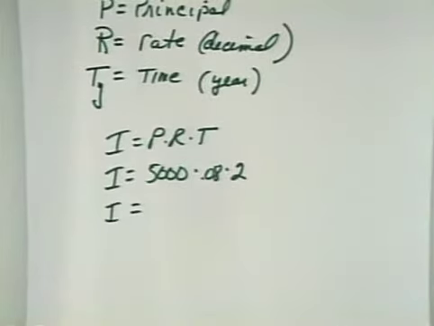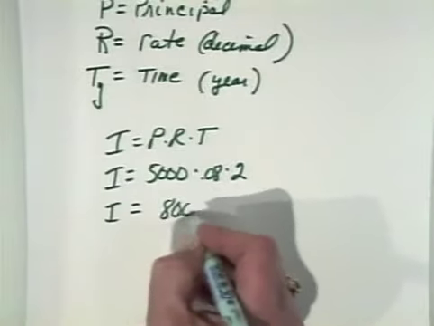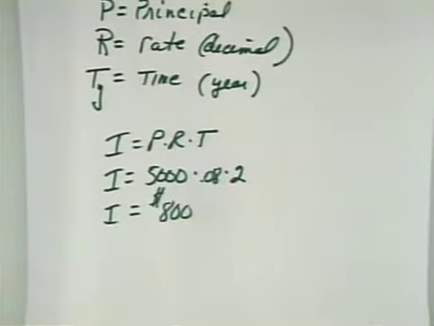Interest is equal to $800. You're strictly paying 8% per year on the use of $5,000 over a 2-year period. There's no interest paid on interest.